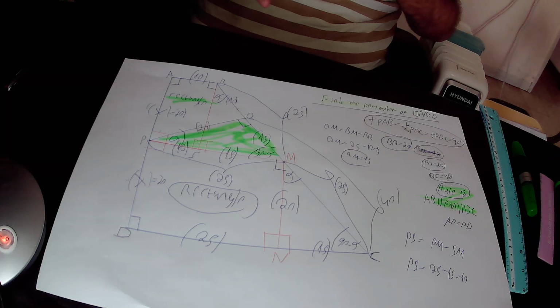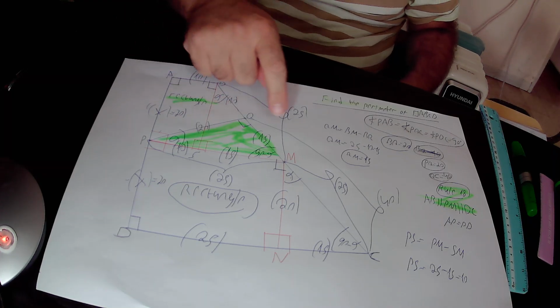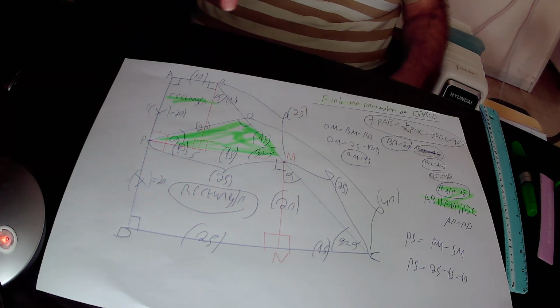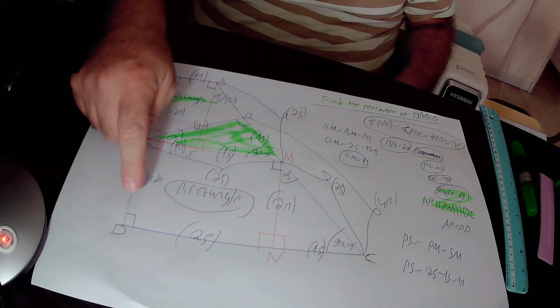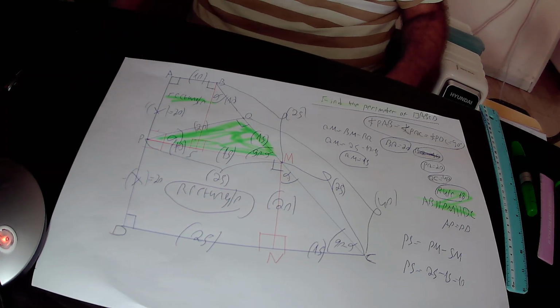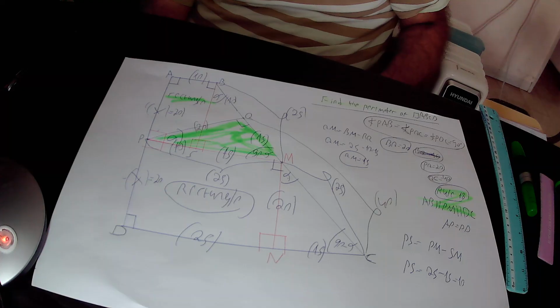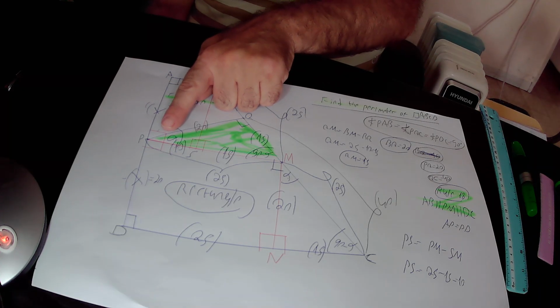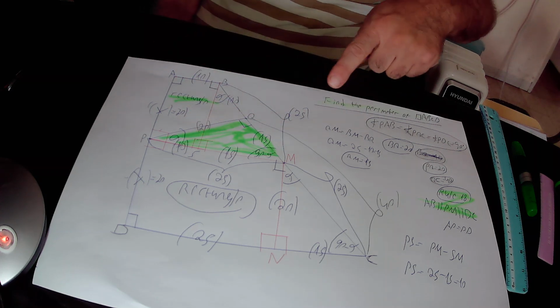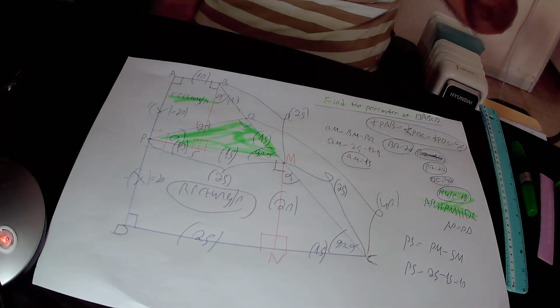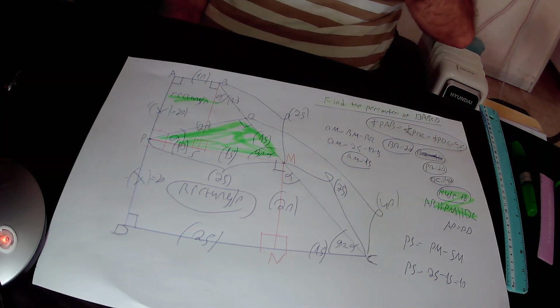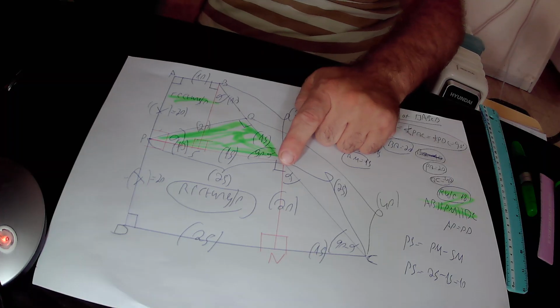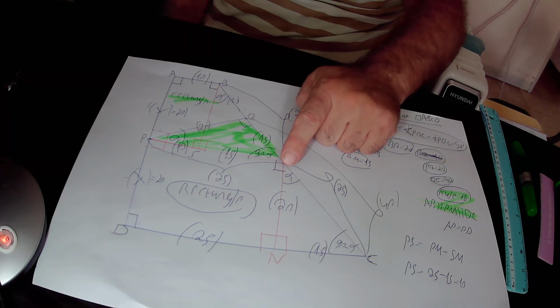By doing this construction, we derive quadrilateral PMND. Inside quadrilateral MPDN, we have three right angles. The sum of three right angles is 270 degrees. 270 degrees plus the size of this fourth angle in total must equal 360 degrees according to the rule that the sum of the angles in any quadrilateral is 360 degrees.